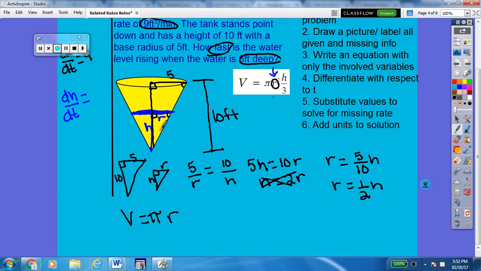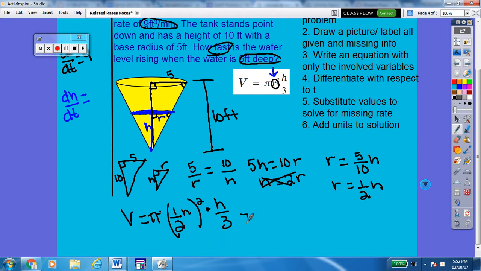So we use similar triangles to create a proportion, and then instead of solving for H, we actually need to solve for R because R is what needs to be replaced. So instead of R, I'm going to put 1/2 H. That's squared, because remember the R was squared, and it's going to be times H over 3.